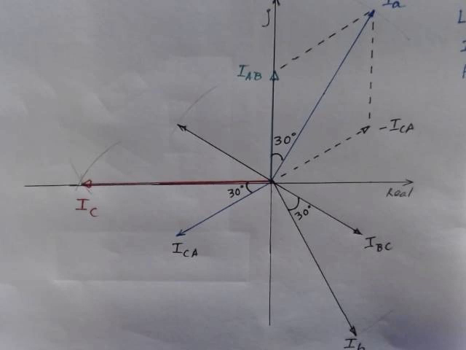You can also see the angle of 30 degrees between IBC and the line current IB. There is also an angle of 30 degrees between the line current IC and the phase current ICA.